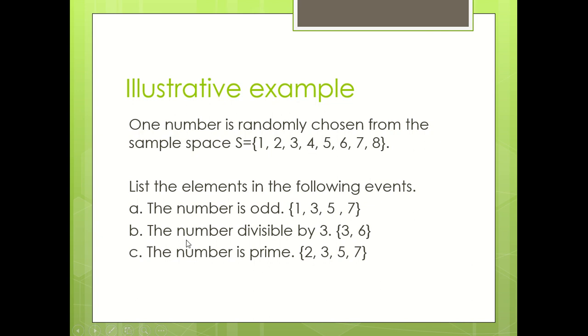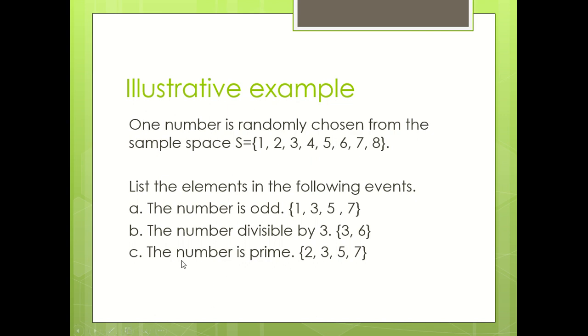In letter B, the number is divisible by 3. Again, we look back at S and we find 3 and 6 as the only numbers which are divisible by 3.